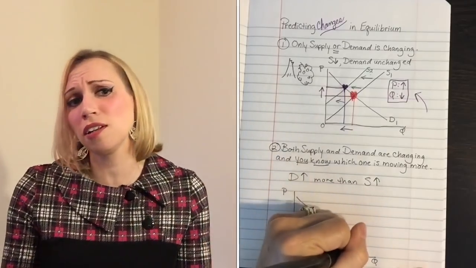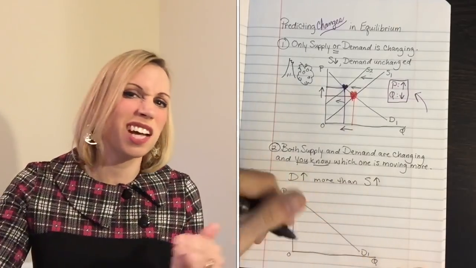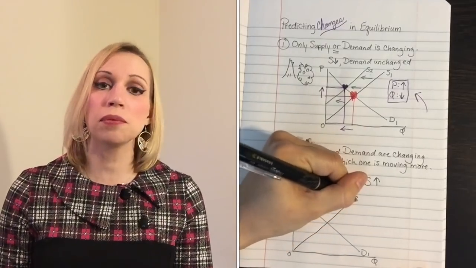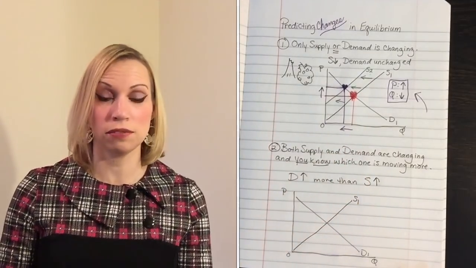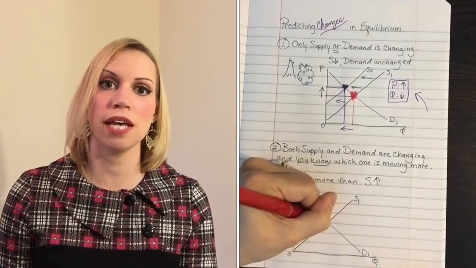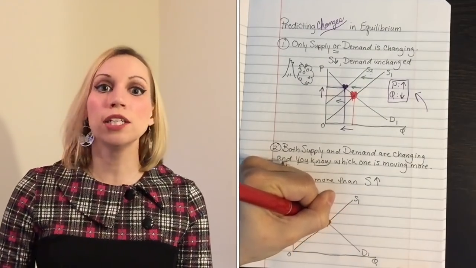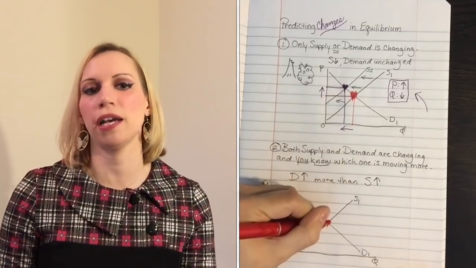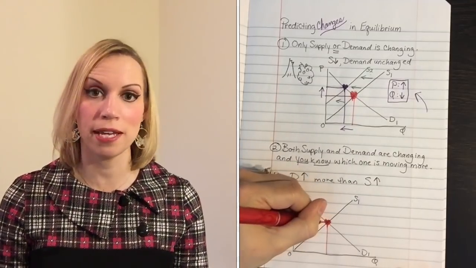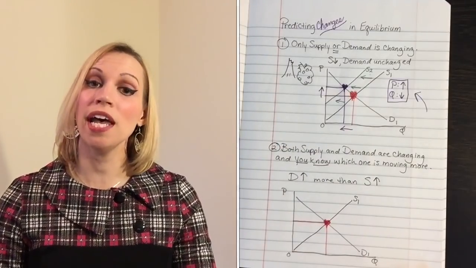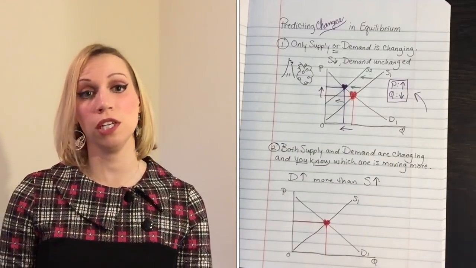Maybe there's a little bit of a better technology that allows the supply curve to shift to the right just a little bit. So both supply and demand are going to be increasing for different reasons. Consumers and producers are both going to be affected, but consumers are increasing their demand more than suppliers are increasing the amount that they're making. For this scenario, like we said, we want to go ahead and start off with our original equilibrium.